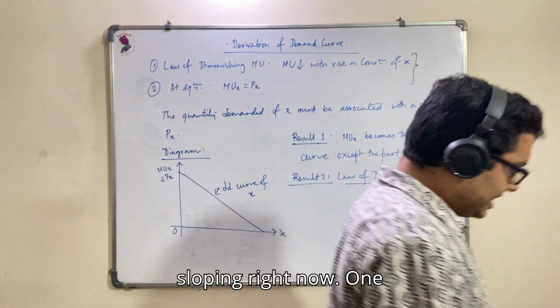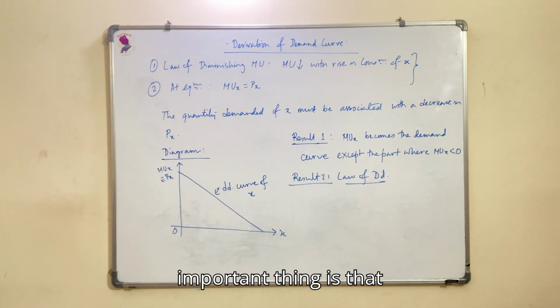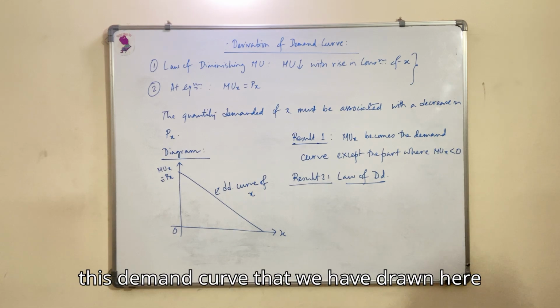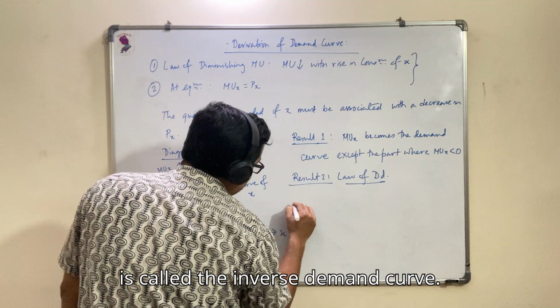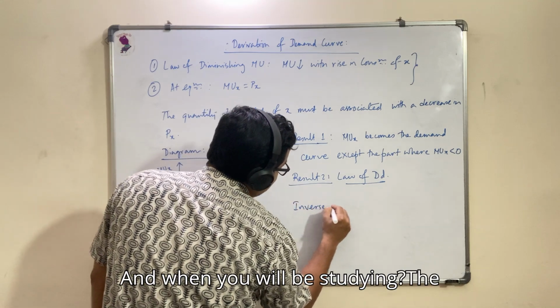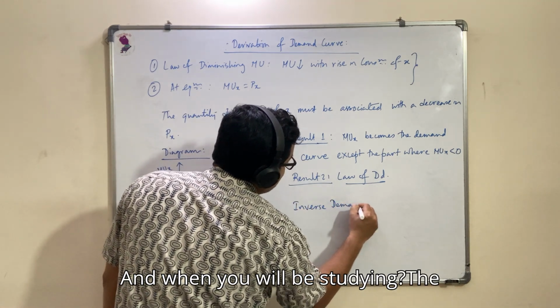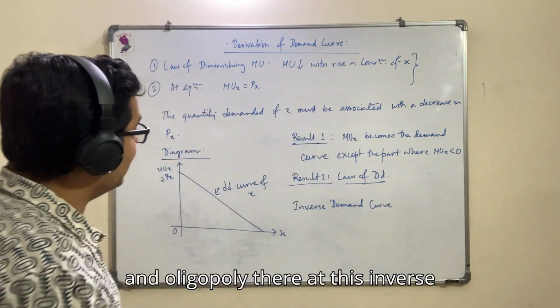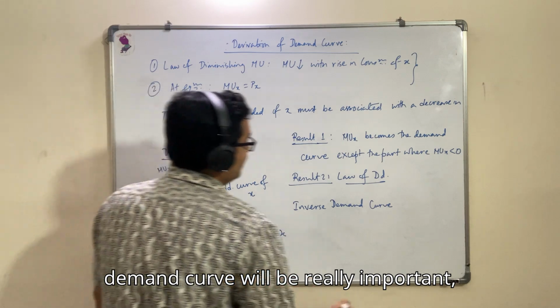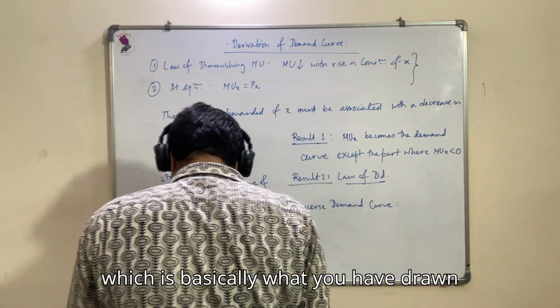Right. Okay. Now, one important thing is that this demand curve that we have drawn here is called the inverse demand curve. And when you will be studying the market morphology, mainly monopoly and oligopoly, there this inverse demand curve will be really important, which is basically what we have drawn here.